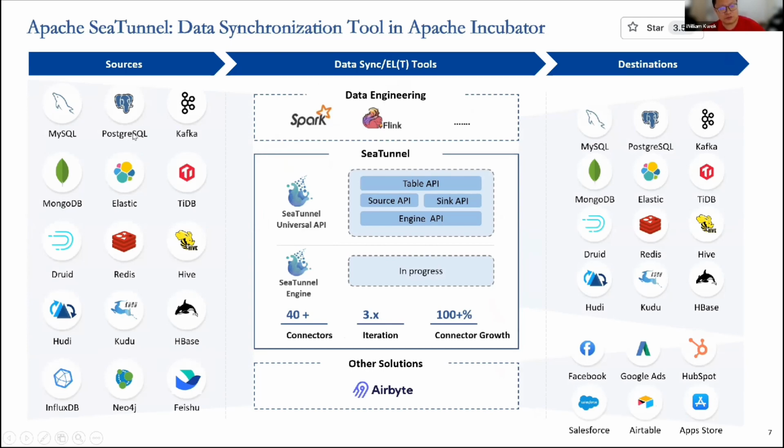For example, it supports MySQL, Postgres, TiDB, Elasticsearch, and you can also load the data to TiDB, to Hudi, or to Iceberg, or to other things. SeaTunnel can support the Spark engine, Flink engine, or the SeaTunnel engine itself.